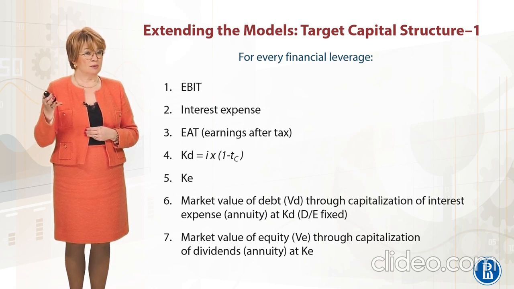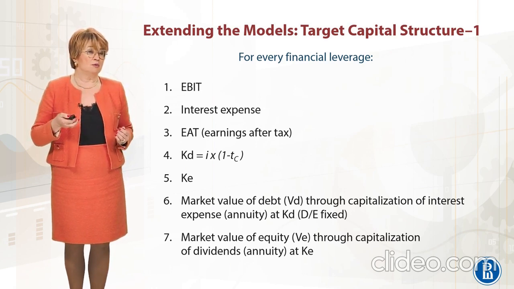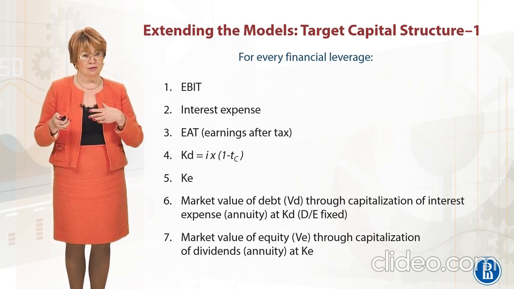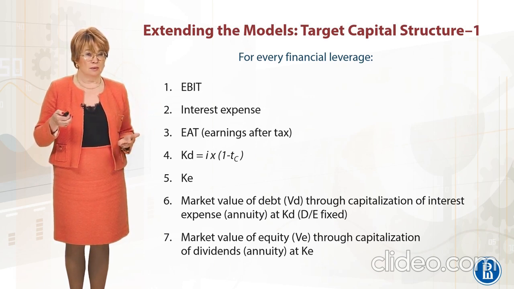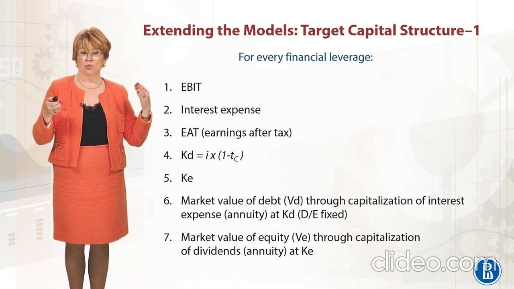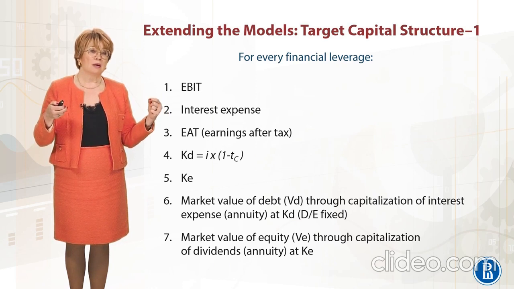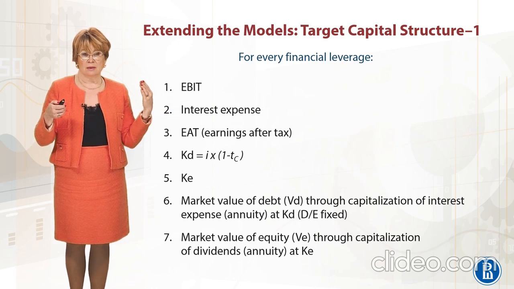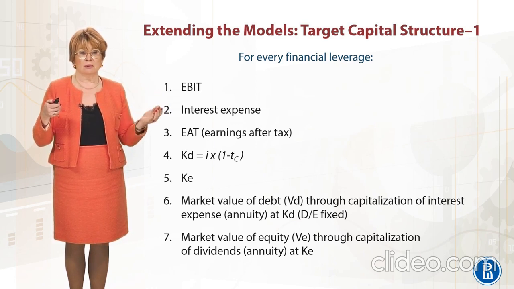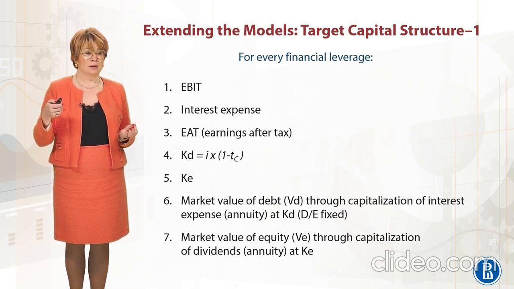Some of those steps are just a replication of the previous approach, but we can also add additional steps following this logic. The first step again is about the permanent level of earnings before interest and tax, or no growth strategy. The second step says we need to find the interest expense, the current market interest rate for the company.